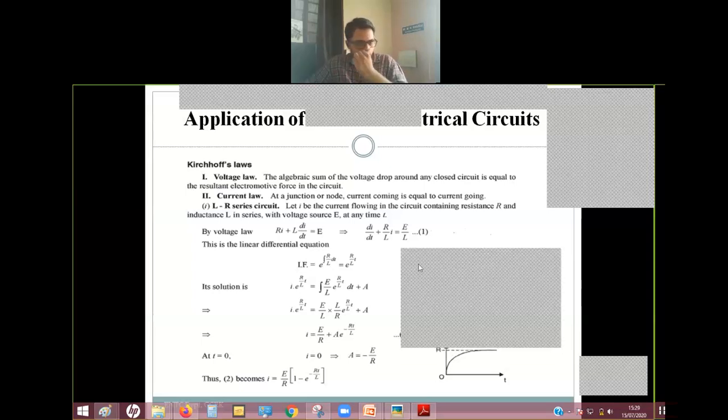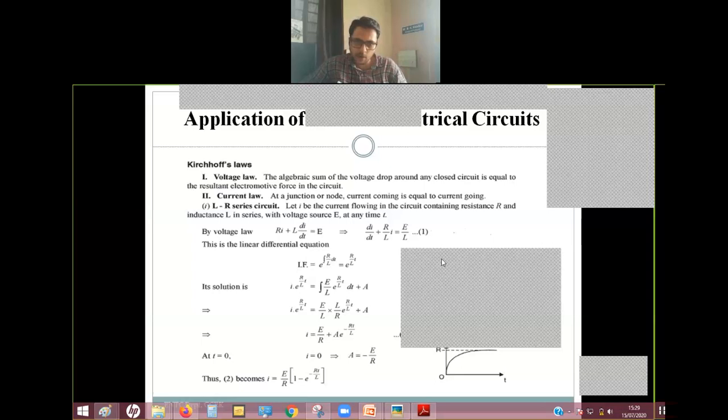So what we are going to do, like we have solved the previous 2 to 3 examples, after applying the KVL, we have converted that equation into the standard linear differential equation form, which is dy by dx plus Py equal to Q. You have seen that. So in that form, we have converted this equation.